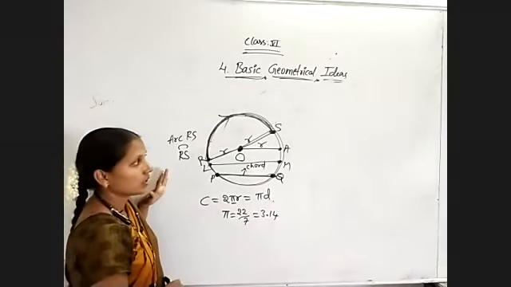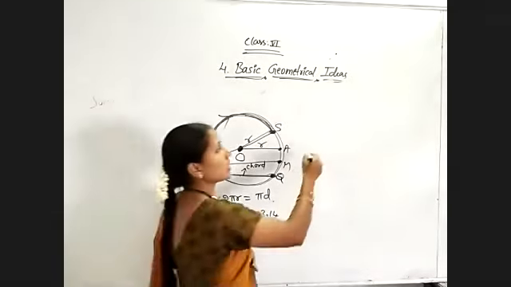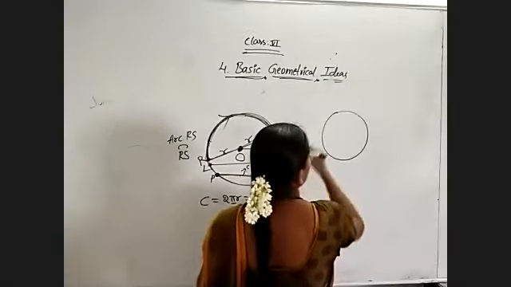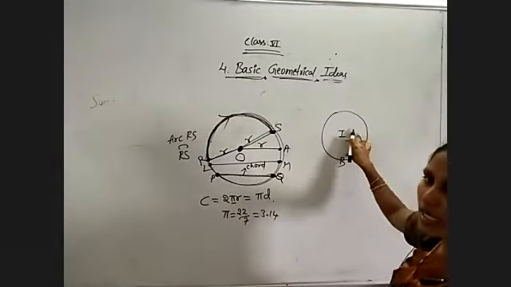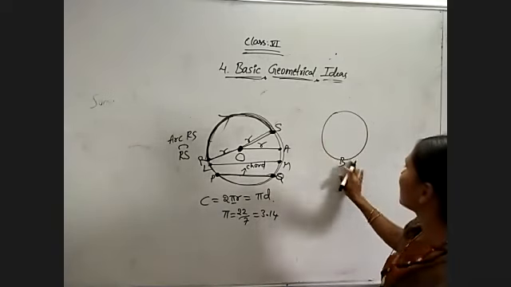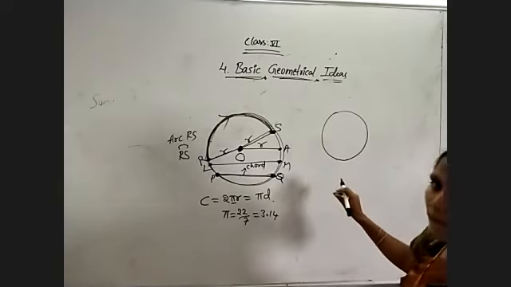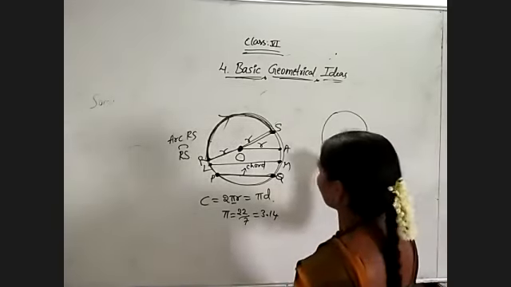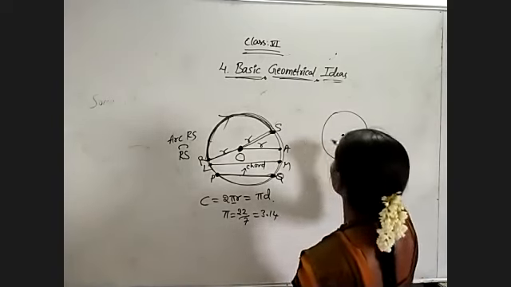So about all these topics we have discussed. After that, sector and segment. So interior plus boundary of the circle together is known as a circular region. And next, segment and sector.